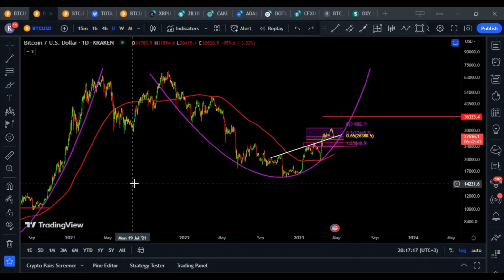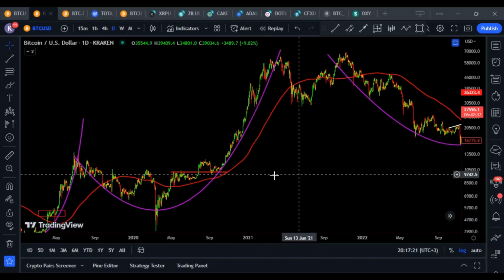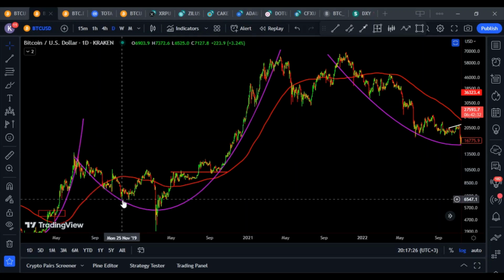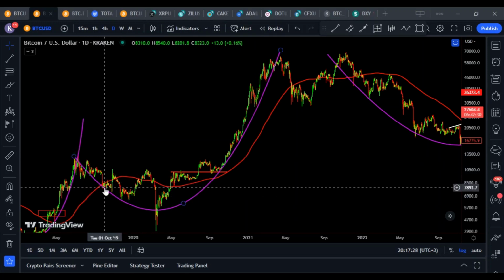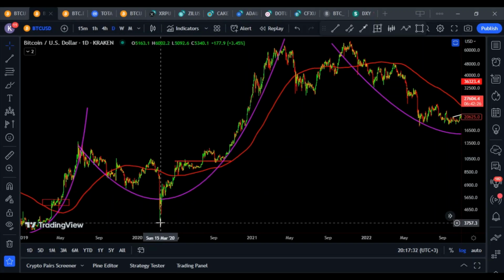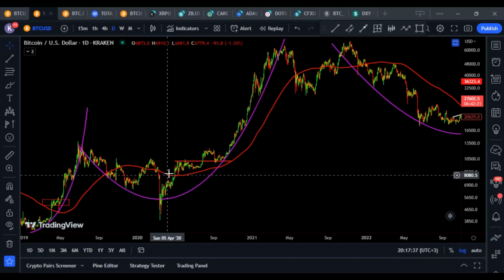So let's move back into the previous cycle. All the way from the previous all-time high, this curve has acted in the previous cycle as support, and even at the very bottom, this is the COVID crash, so it's an abnormal black swan event, so it pierced and then got back into it.